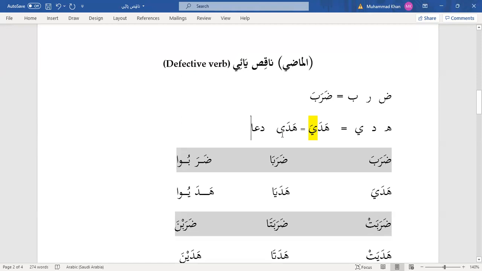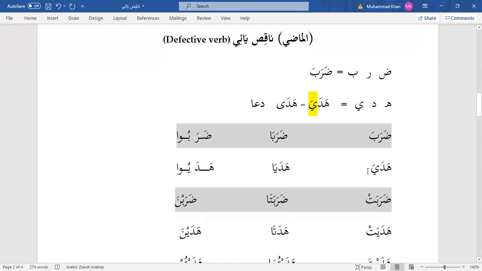Da'a and hada, both of them will be prolonged for 2 seconds. However, hada will be written with alif maqsura, whereas da'a will be written with the normal alif, which is the real alif by itself. Okay, so the first change will take place over here, and the first change is, here we have daraba and here we have hadaya.